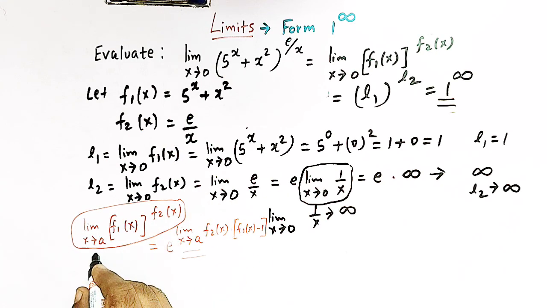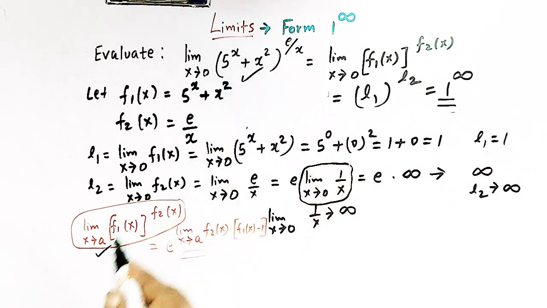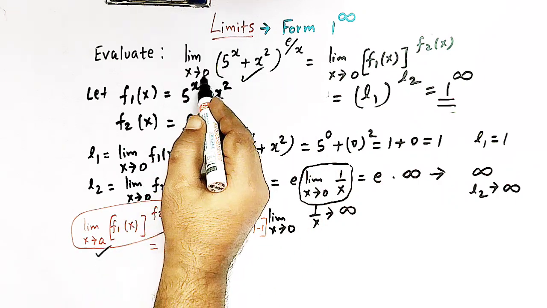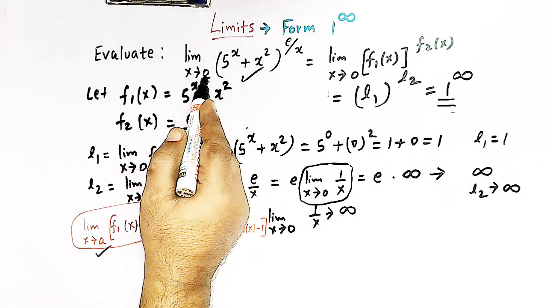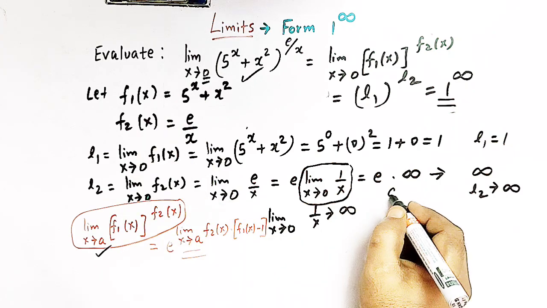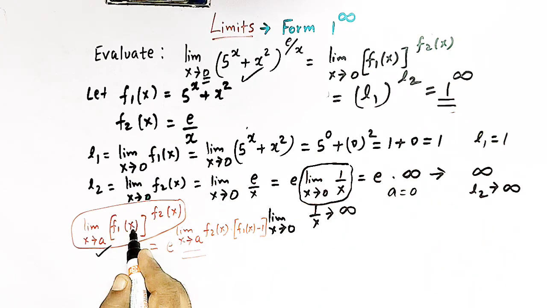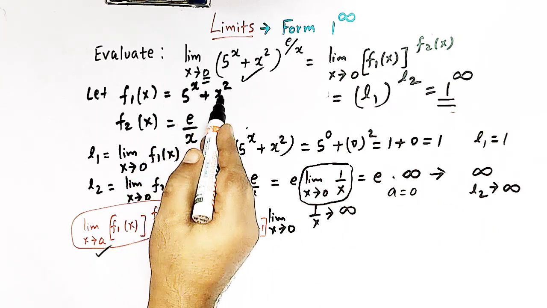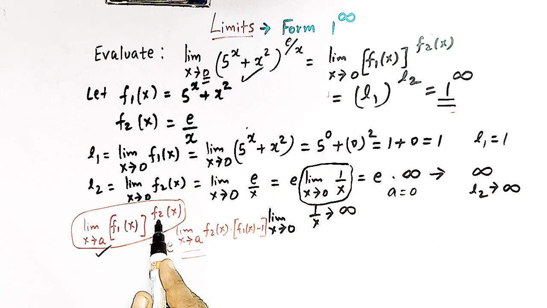So now if we compare this limit with this one, then a is equal to 0, because here we have x tends to 0. So the value of a is 0, and f1(x) is 5 raised to x plus x square, and f2(x) is e over x, right?